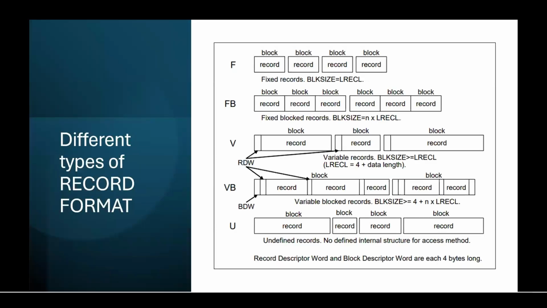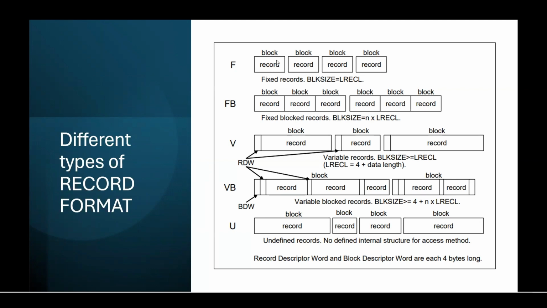Okay, so this is the diagram that can explain what types we have. So, different types of record format. The first one is the F, which means it is a fixed record. And here we are not having any block size because it is just fixed. So this is the record, and all records have the fixed length.